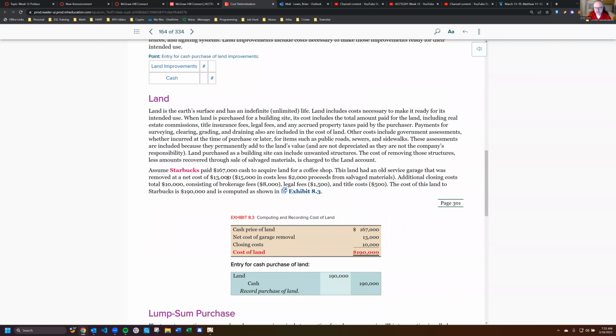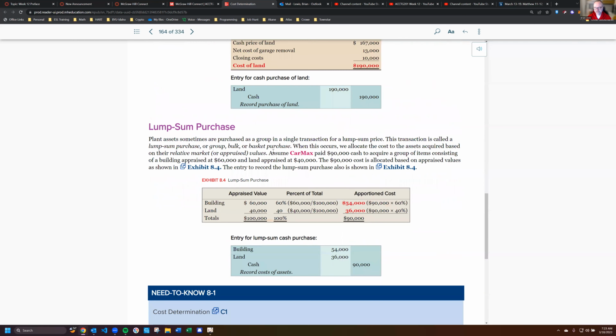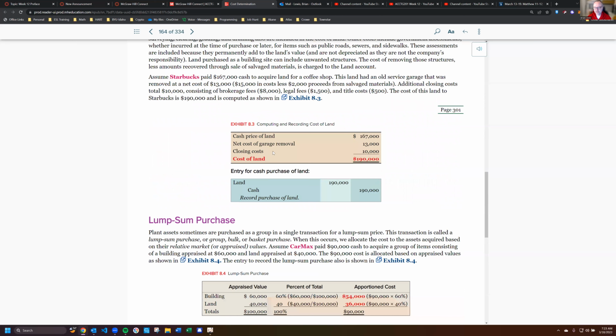Land, basic cost of purchase, right? But it could also include all sorts of other stuff. What you paid for the land, the commissions, the fees, the legal fees, property taxes, right? The payments for surveying, clearing, grading. There's a lot of stuff in here for land that you'll need to make sure you understand, okay?